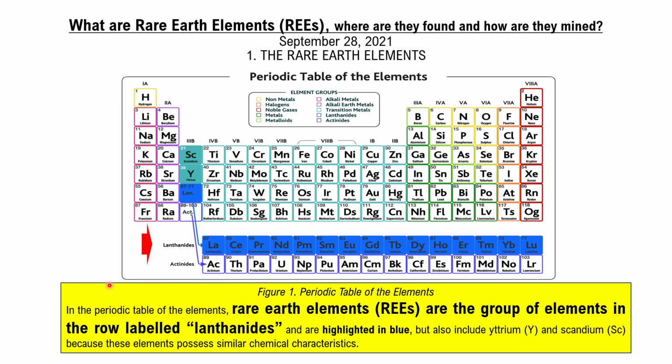In this periodic table of elements, rare earth elements are a group of elements in the row labeled Lanthanides and are highlighted in blue color.